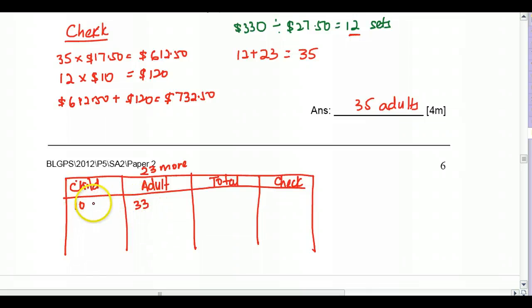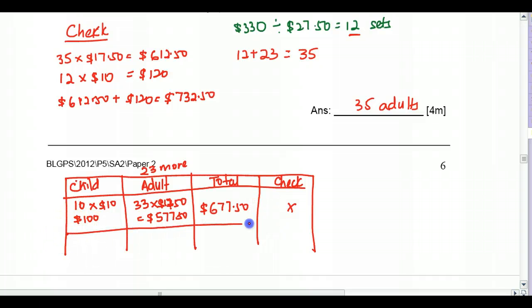Because 10 plus 23 must give me 33. Okay, so I multiply 10 by $10, which will give me $100. I multiply 33 by $17.50, which is $577.50. My total will be $677.50. So I know this is wrong. Let's move on.